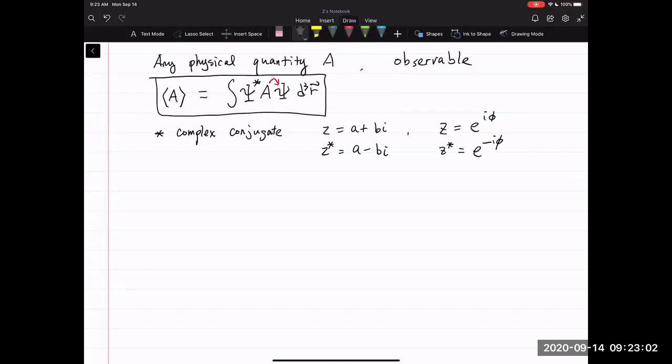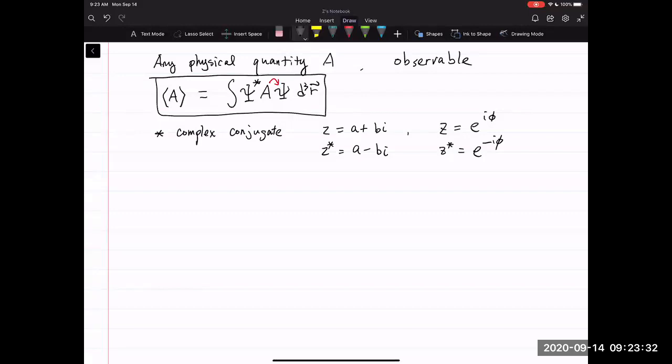Like A is a Hamiltonian, then H psi, what do we get? We get energy times psi. And then the wave function itself is normalized, and the integral of psi star times psi gives you 1. So this is nothing but a fancy way to just write down that A average, or H average, is equal to E.